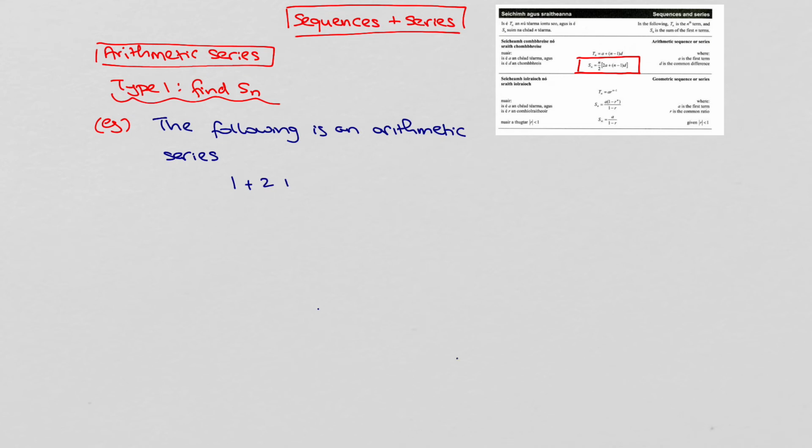So we have 1 plus 2 plus 3 plus 4, and so on, plus 79 plus 80. So in other words, we're getting the sum of all of the natural numbers up as far as 80. And it says find S80. So what that means is find the sum of the first 80 terms.